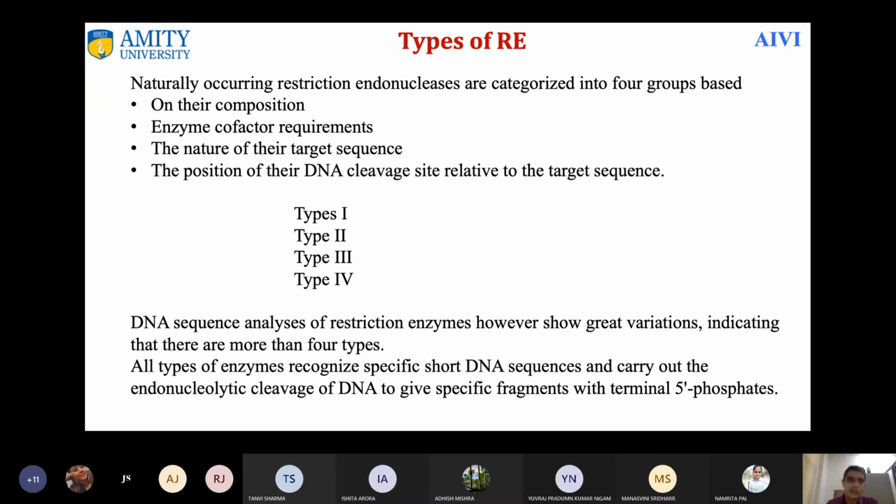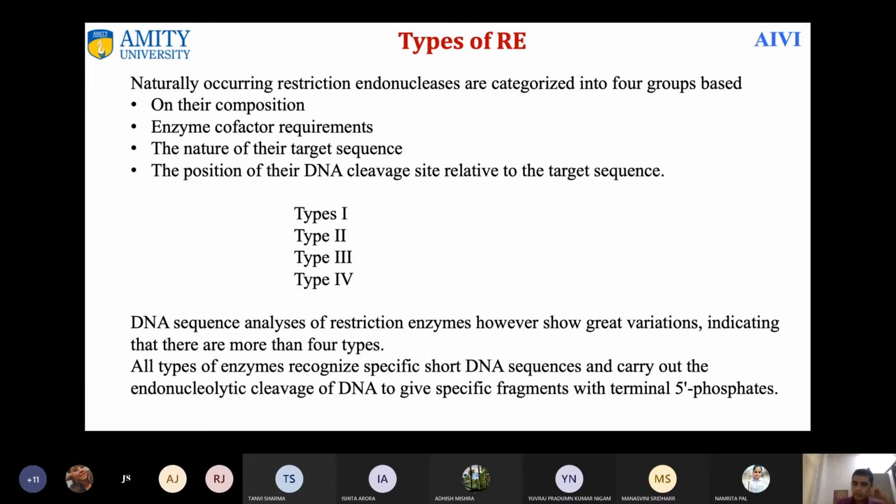It just breaks one phosphodiester bond in one strand and one in the second strand, so each strand gets one break.